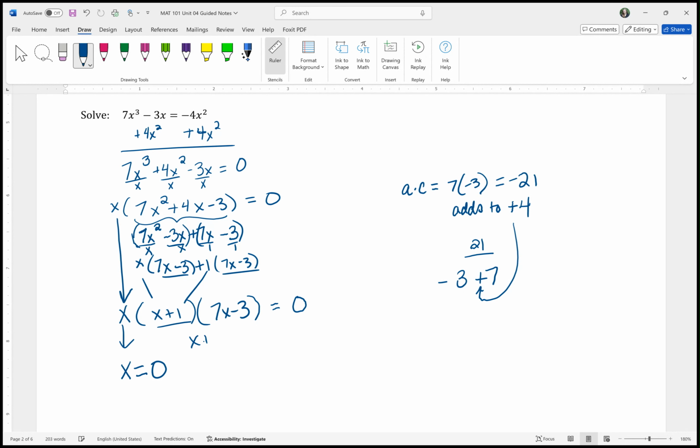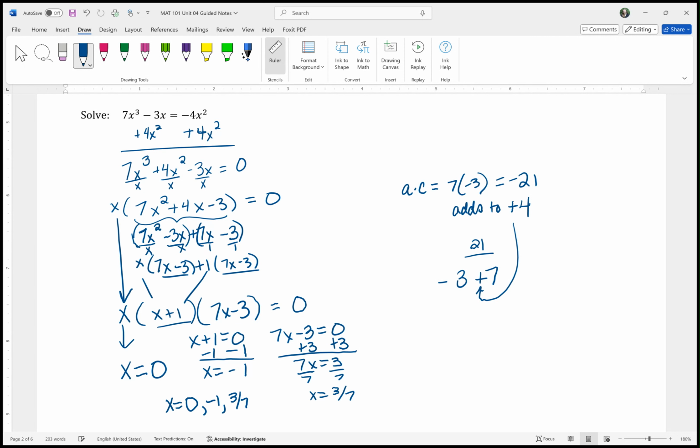Here, we're going to set that equal to 0, and then obviously this 7x minus 3 equals 0 as well. So subtract 1 gives us an answer of negative 1. Add 3. That's 7x equals 3. Divide by 7. And x equals 3/7. So our three answers are going to be 0, negative 1, 3/7. That will be our three solutions.